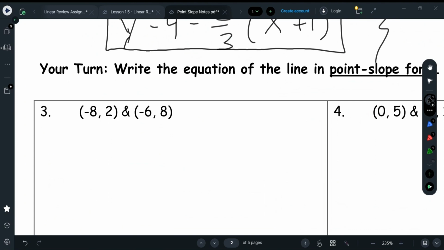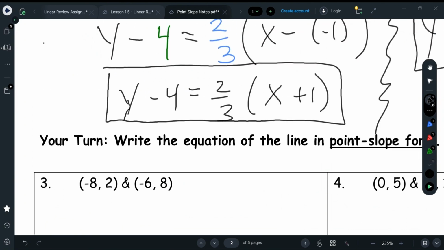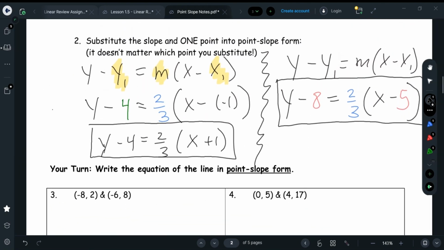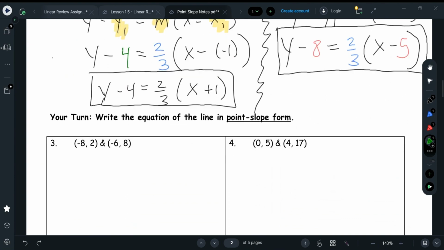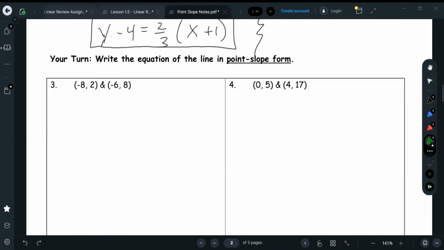Second step, after you find the slope, plug into point slope form, which is this guy right here. Plug in your m for your slope and then pick one point. Doesn't matter which one you use, pick either one. Plug in for x1 and y1. Do that for numbers 3 and 4. Go ahead, pause the video, and then after you've done those, you can come back and check your work.